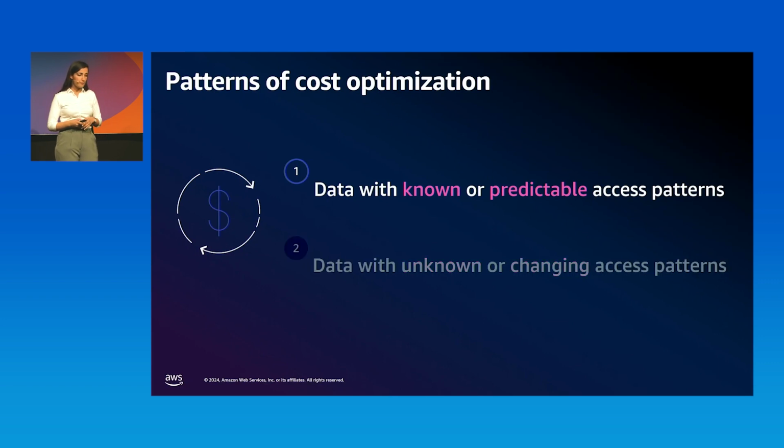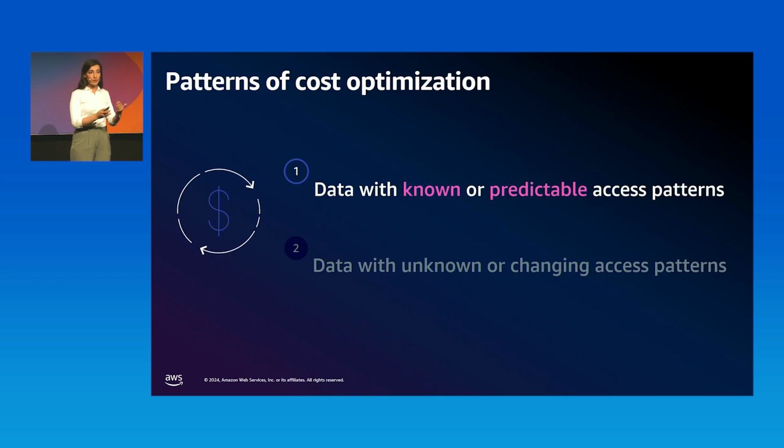To start with, let's talk about the known or the predictable access pattern. For example, think about a use case like sharing photos and videos with your friends and family. You know when you upload data, and you know when it will be accessed and when it will not be accessed.